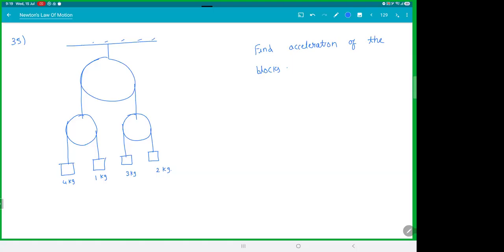Once you get the tension in the string, then you can draw each block FBD separately and you'll get the accelerations. So calculating tension was the key. So it looks like 5 and 5 on both the sides, but it is not. Try. Take 2-3 minutes. Get it. Everyone should try. It's a little work there, but can be done.